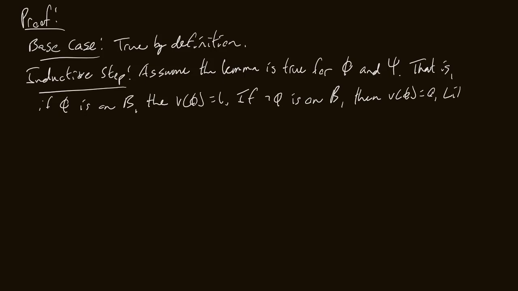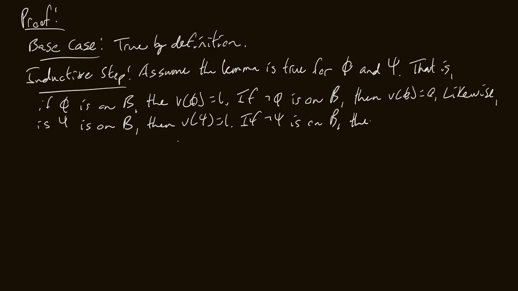Likewise, if psi is on B, sorry, this is probably not very entertaining, but I just want to explain this because it's important to know. Then V of psi is equal to 1. And if not psi is on B, then V of psi will be equal to 0. So that's our inductive step.